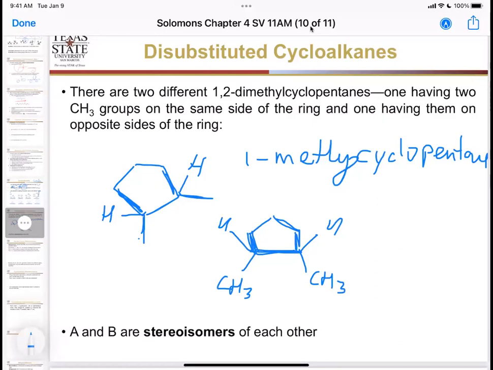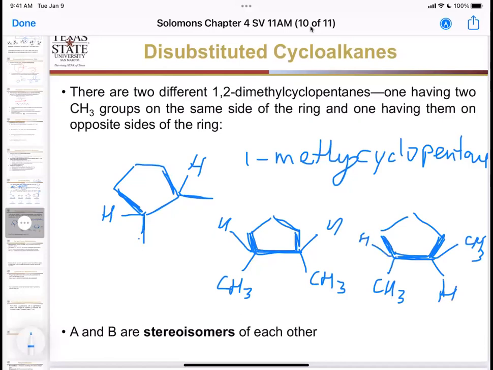So what do I mean either way? Well, I can actually draw it where the methyl groups aren't on the same side. Again, these are coming out at us, and the methyl group's going to be up here now, and the hydrogen is going to be down here, and the methyl group's going to be down here like before, and the hydrogen is going to be up here.